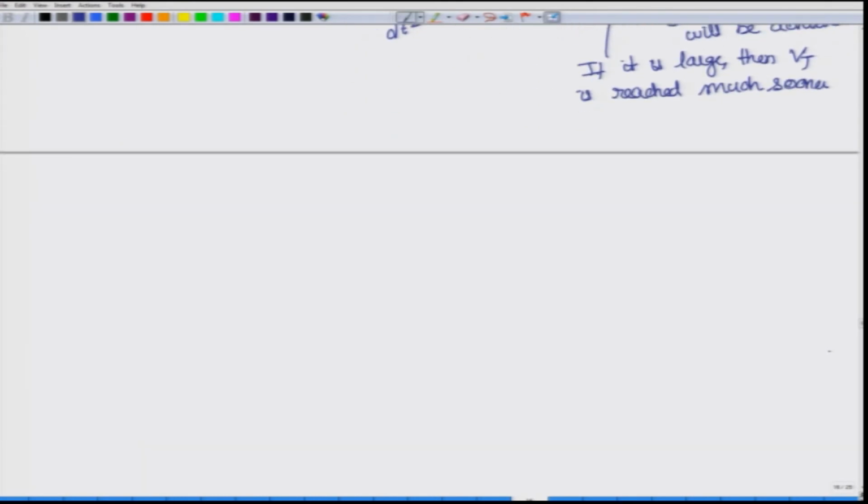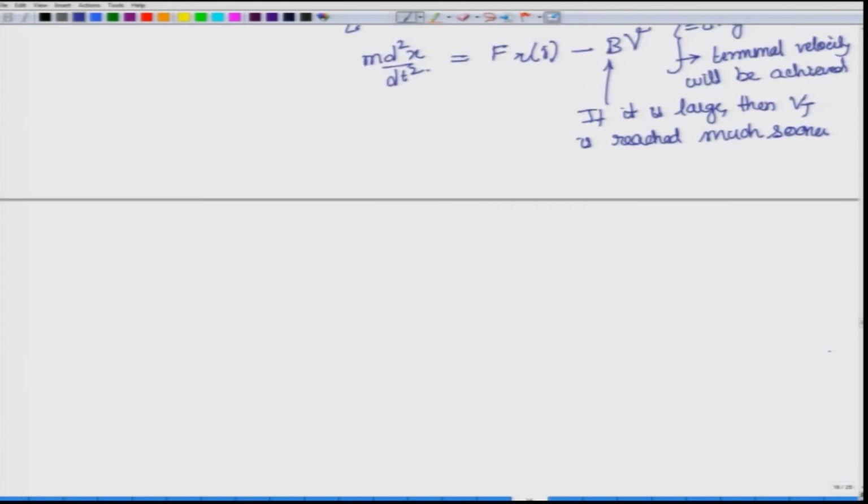So, in effect, what it means is that we can assume to begin with that the dislocations have attained a terminal velocity. So, to begin with, we can assume that terminal velocity has been achieved.